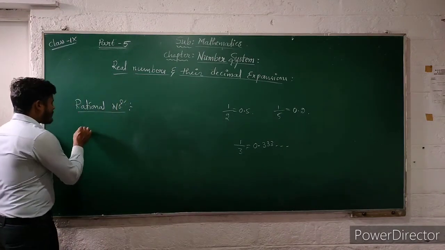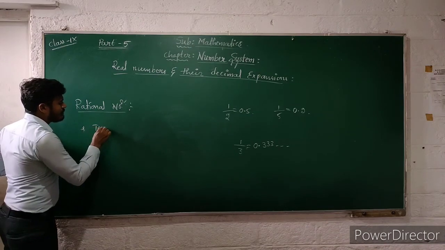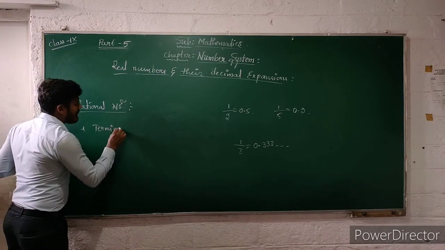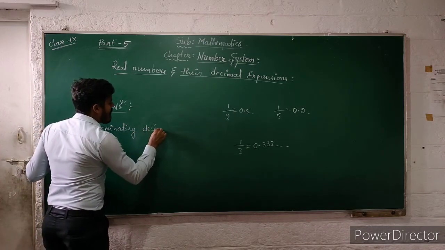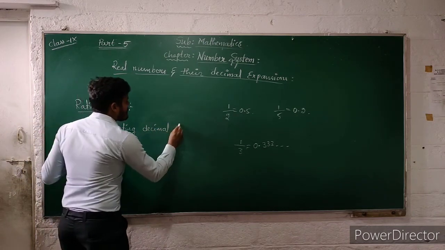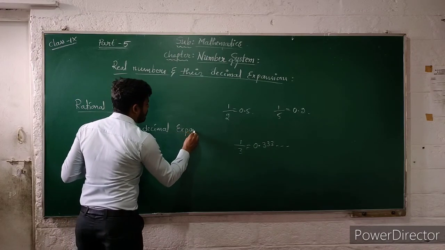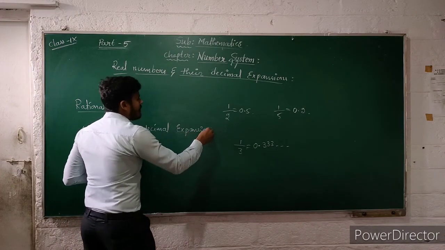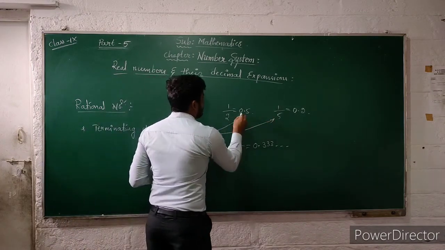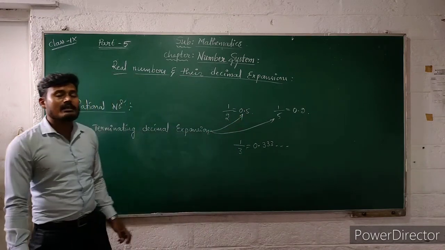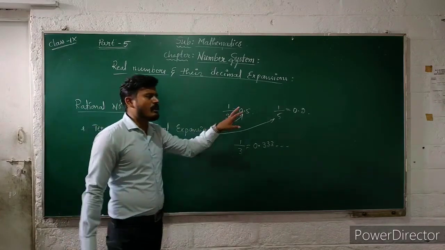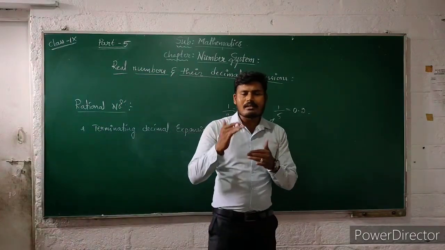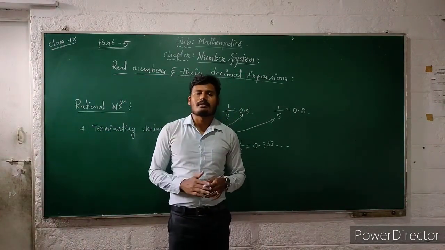So one is the terminating decimal expansion. These two are called terminating decimal expansions because these two division processes end at a certain stage or certain step.